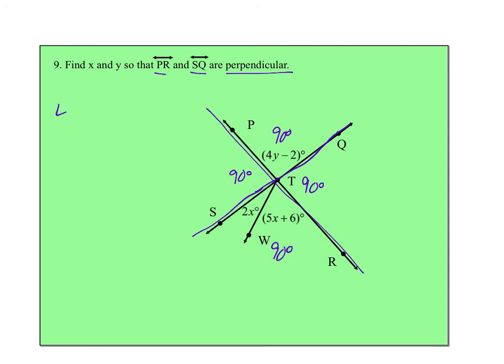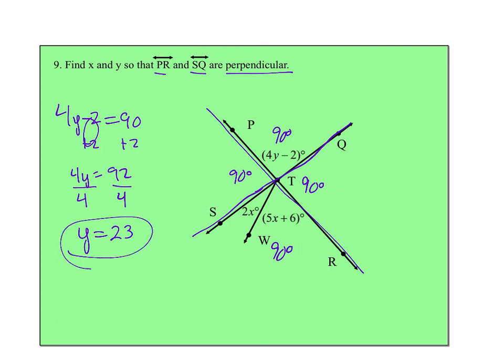So I'm going to take 4y minus 2 equals 90. So a little bit of algebra. So that will give me, let's see, 23.